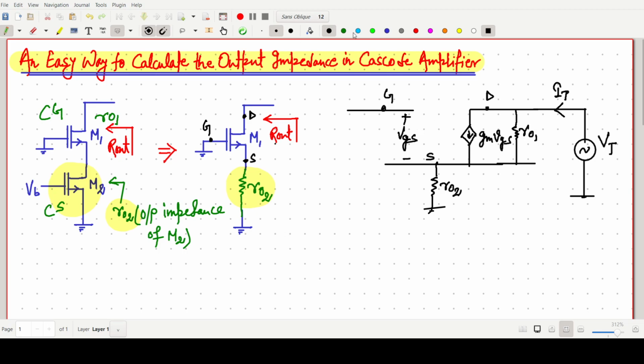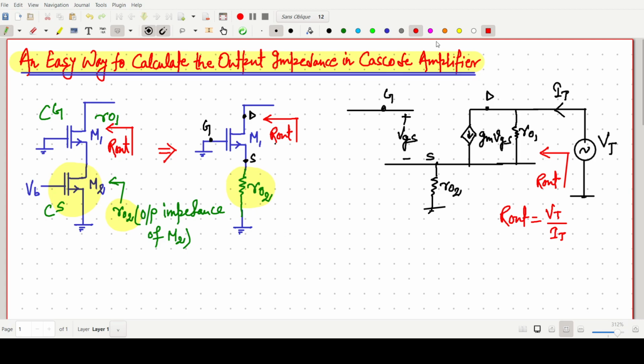So the output impedance in this case is nothing but simply the R output of the entire circuit. This R output is simply our Vt by It calculation. In some books or papers, if they are using Vx and Ix, we can write that as well. So this is the concept: we have to find R output as Vt by It.